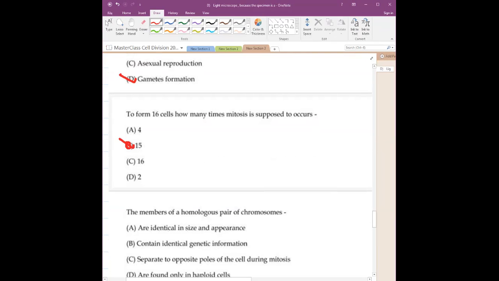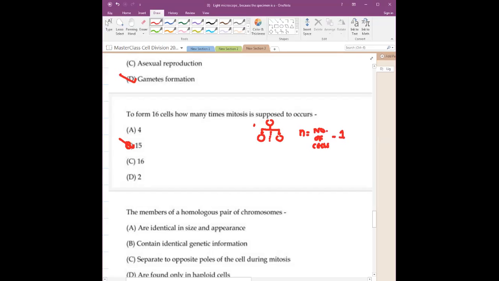See, one cell gives rise to two cells. This is your first mitosis. But division is taking place out over here also, right? So they are also dividing. So to form 16 cells from one cell, always remember n is equal to number of cells minus 1. That many mitoses you are going to require. Actually, the answer is 15.